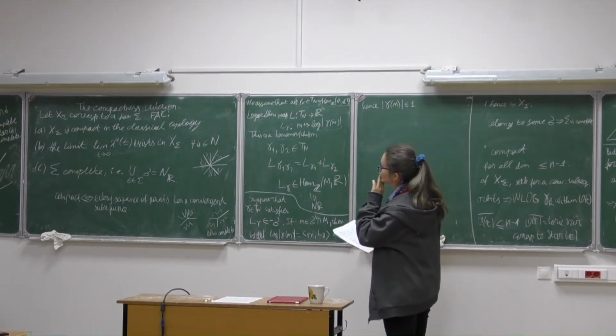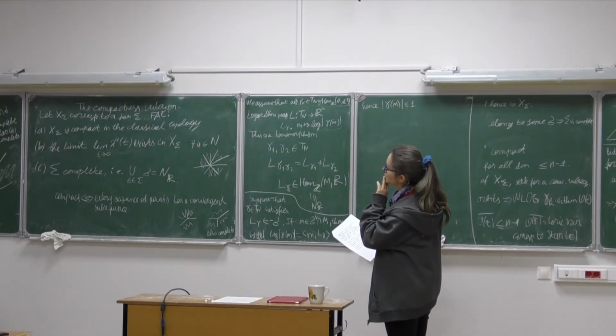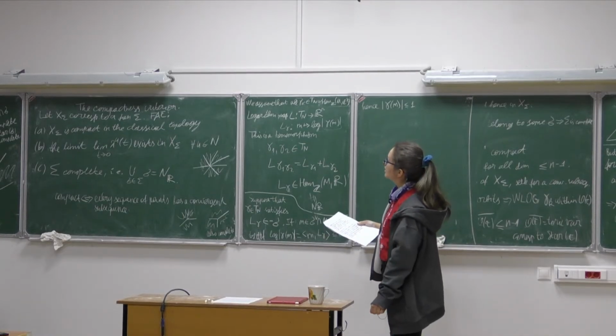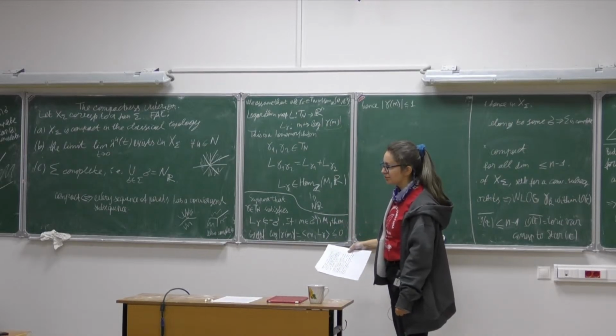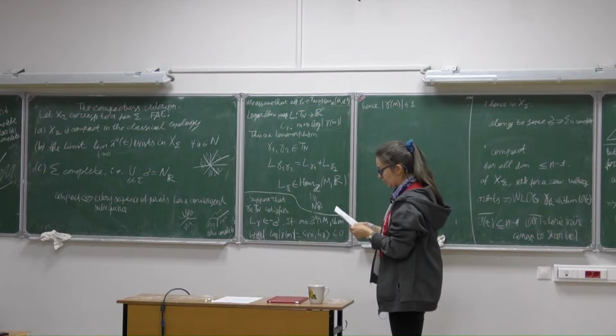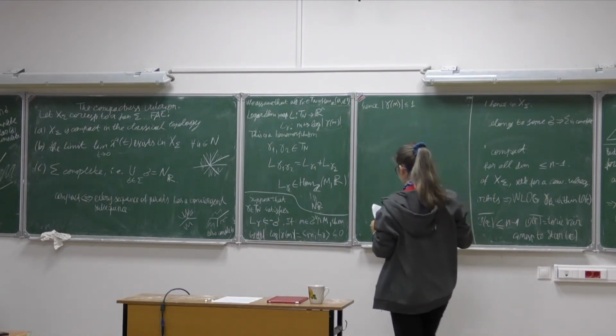Okay, what is our aim? To show that our sequence of points which belong to the torus has a limit point. What next?